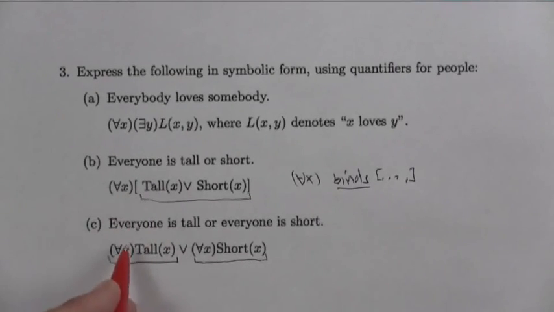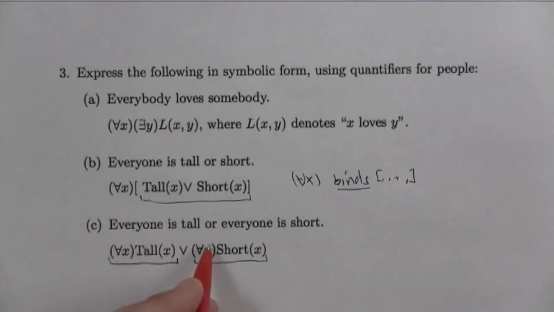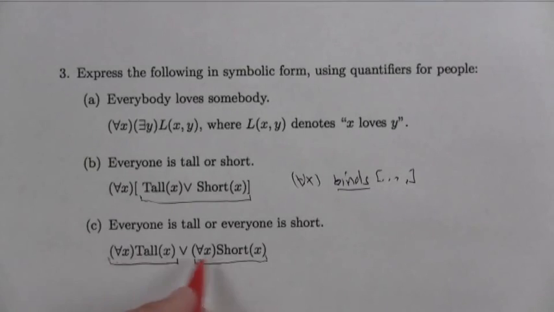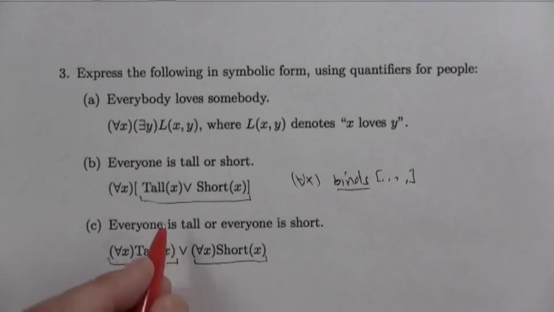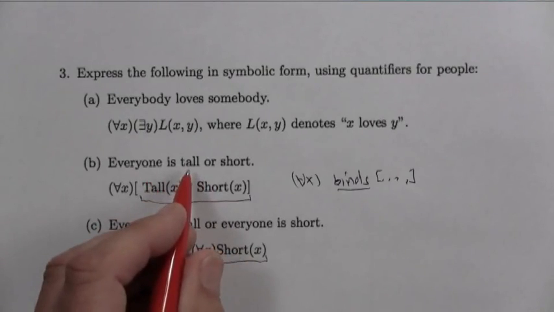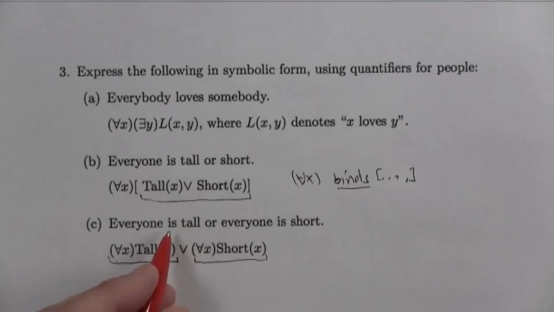This is talking about either everybody is tall or everybody is short. This is highly unlikely to be true, except in a very strange sort of society. This one is certainly true if we're prepared to say where tall and short changes, at, I don't know, 5 feet or whatever you want to do. Okay, let's move on. That's enough for that one.